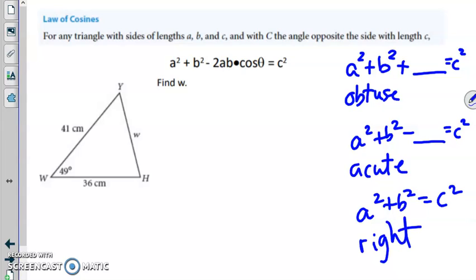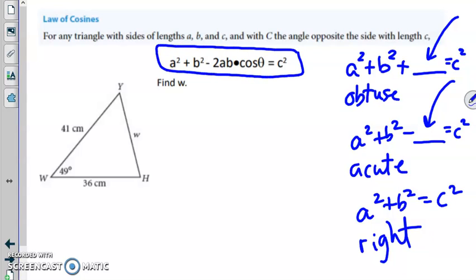So mathematicians spent a lot of time trying to figure out what rule tells me what goes here or here. What is that something? So that I have a rule that says A squared plus B squared is going to equal C squared when I add in that something. So this is the rule they came up with.